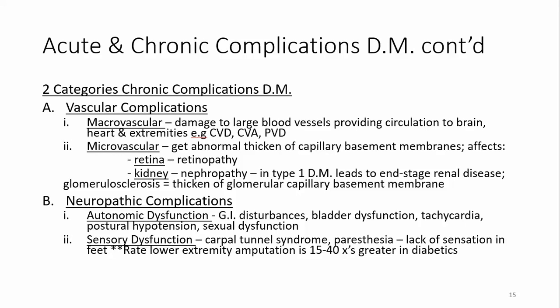And this affects the things that are most sensitive to that. And really, that's the retina and the kidneys, the big things. So a chronic vascular complication of diabetes is blindness from retinopathies. If the neural tissue of the retina dies, then it can't be replaced.